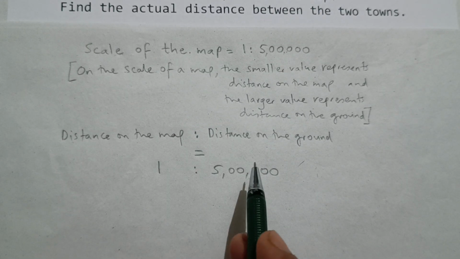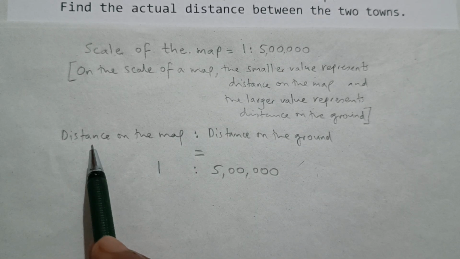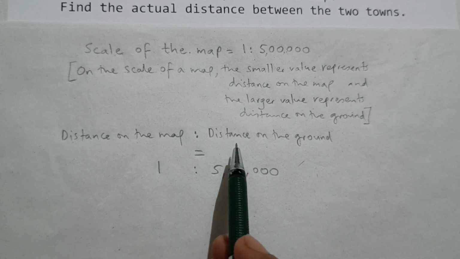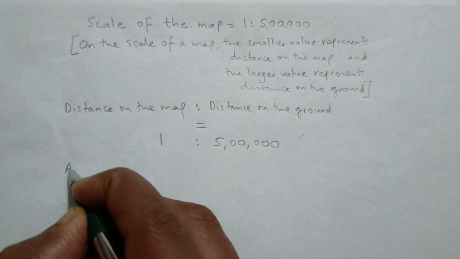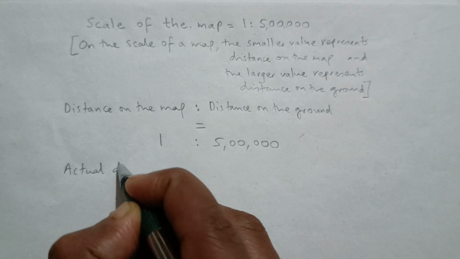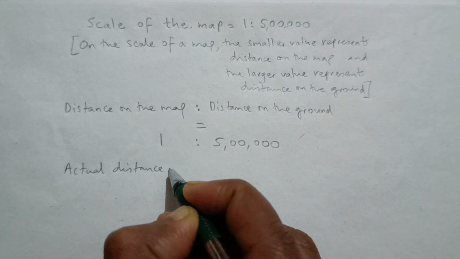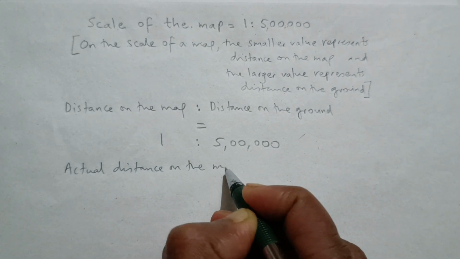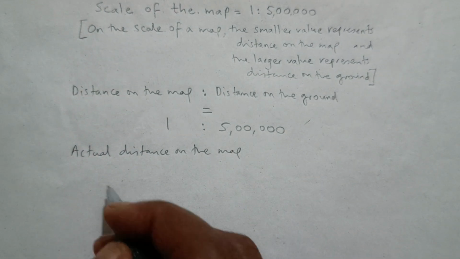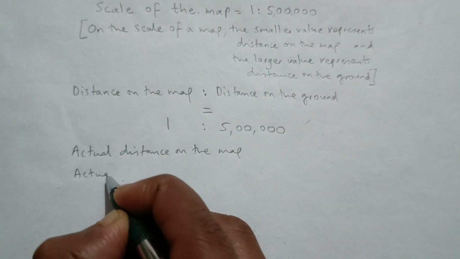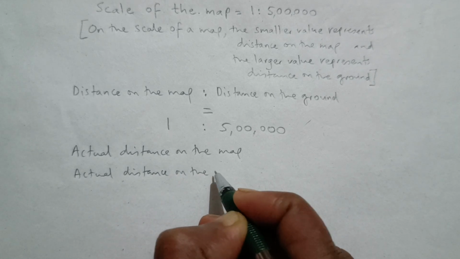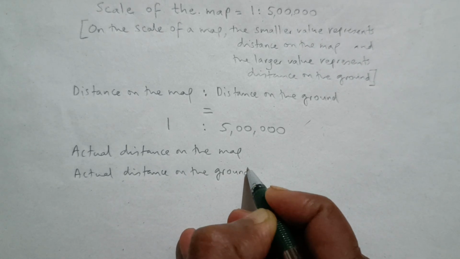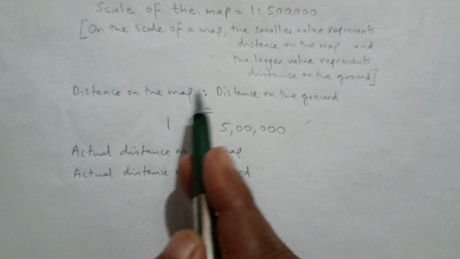Now from this ratio, I can find out what is the actual distance on the map and what is the actual distance on the ground. This I can find out from this ratio.